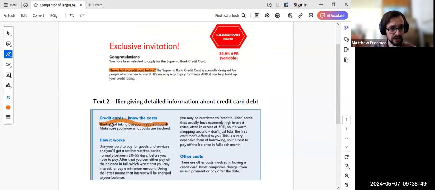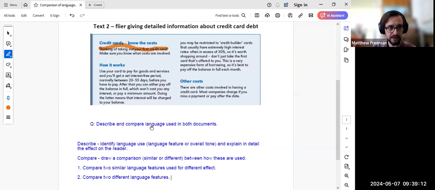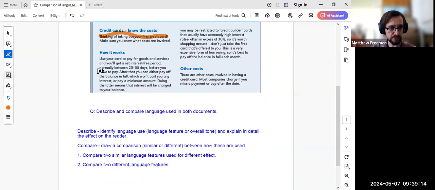Whereas this one says, "thinking of taking out your first credit card." Again, a very similar rhetorical question, more or less the same meaning, but the effect is different because it then goes on to say, make sure you know what the costs are. So it's almost warning me. The first one is inviting me, the second one's warning me. So we could use that to draw a comparison.